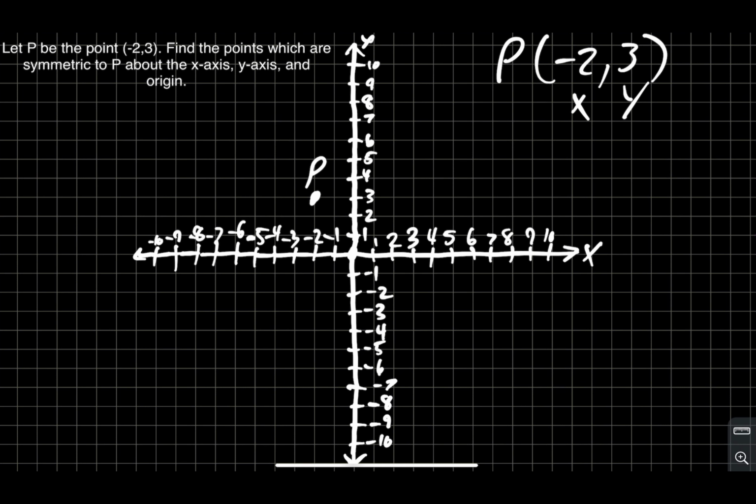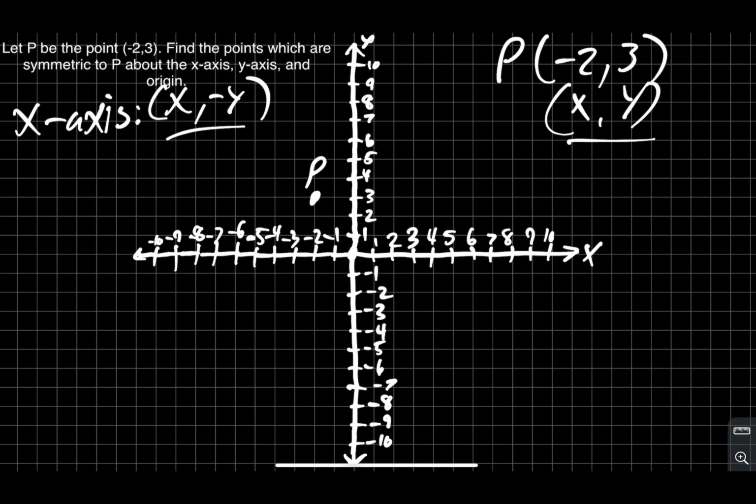Now, if you want to reflect about the x-axis, there's a formula. The formula is (x, -y). If you notice, our point is in the form (x, y). So all we need to do to get from this form to this form is add a negative sign to our y.